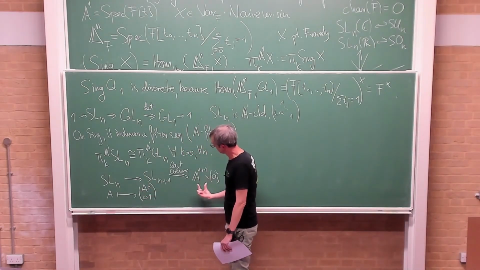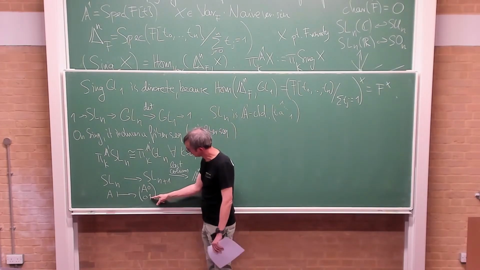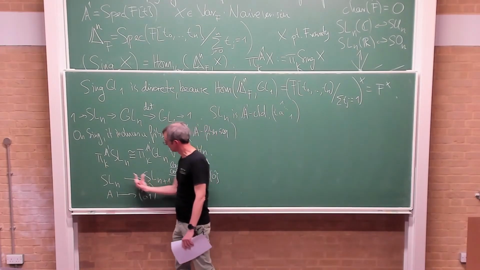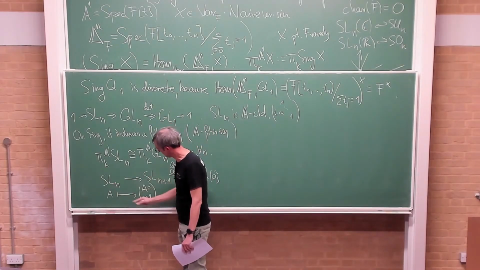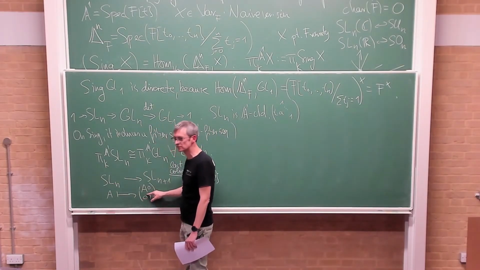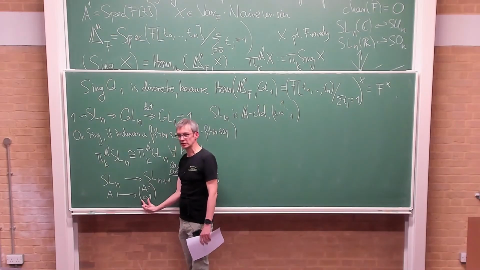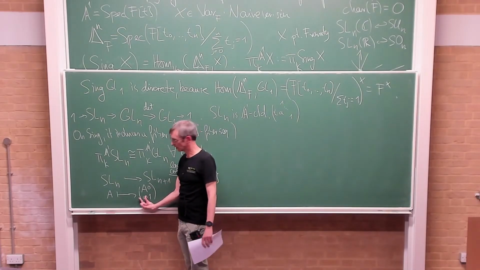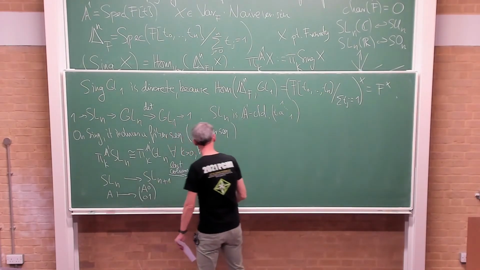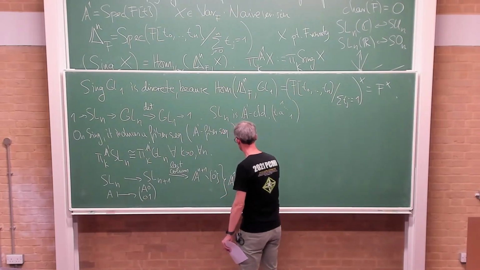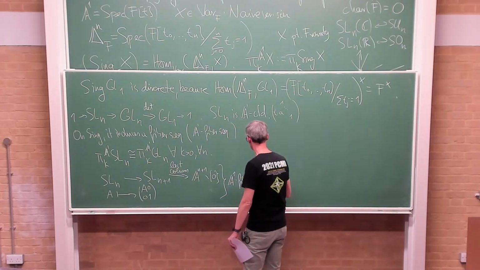And now if you, say, take here the base point having 1 here and then zeros everywhere else, then the fiber here would not be SLN, but you would be allowed to write any stuff here. Well, but if you are allowed to write any stuff here, you can then shrink it to 0 by multiplying with t. So this is maybe enough justification to say that this here is also an A1 fiber sequence.